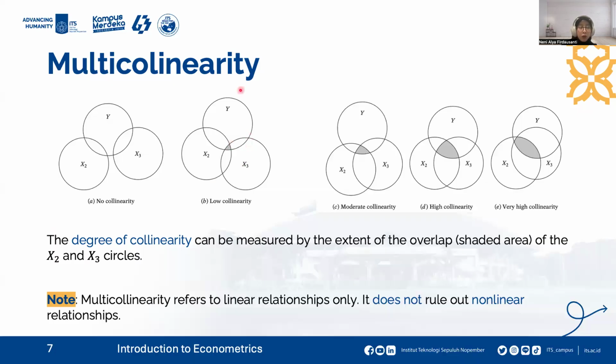If we check the correlation coefficient between x2 and x3, maybe it is around 0.3 or 0.2, which means low collinearity. Then this is moderate, this is high, and this is very high.